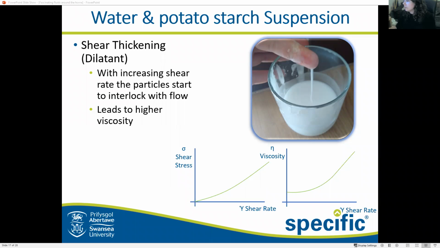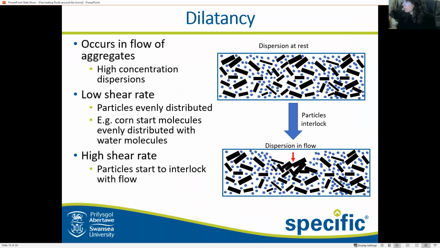But how does that work? Well, let's explore. So in the case of a shear thickening dilatant fluid, instead of the particles forming really nice, long flowing chains or becoming orientated to the flow, they behave quite differently.